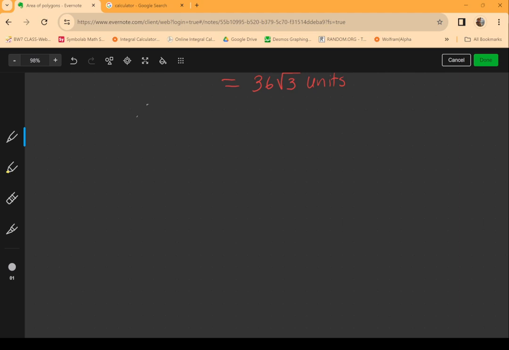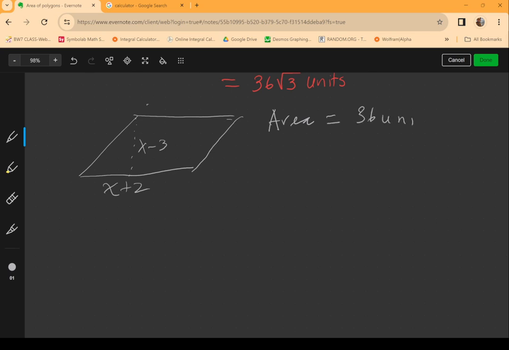Okay, so I have a parallelogram, and I'm given that here the height is x minus 3. And the width here, the base, excuse me, is x plus 2. And I'm also told that the area is actually equal to 36 units squared, right? And I'm asked to find x.